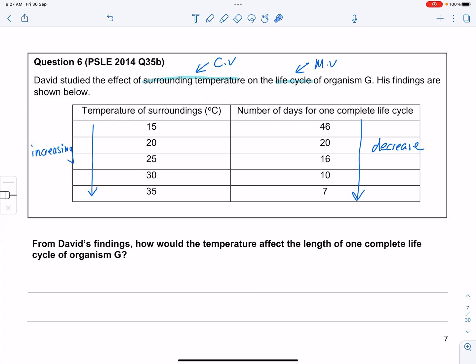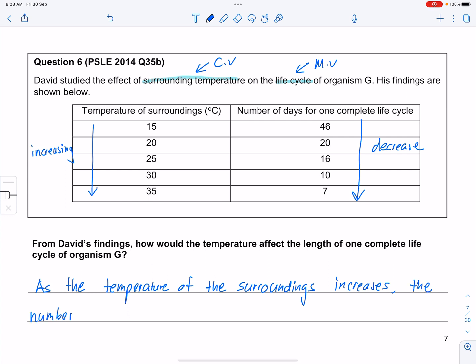So based on this, I know that as the surrounding temperature increases, the number of days for one complete cycle decreases, right?